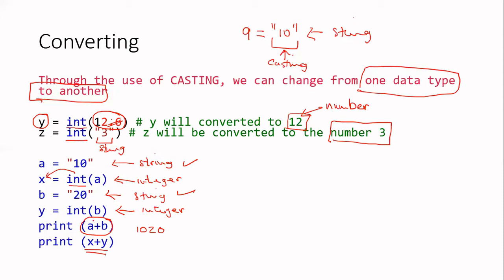And Y was a string that was converted into a number. So now when I say 10 plus 20, that will give me an answer of 30. So Python understands the data types. A and B were strings, so if you use plus on those strings, it simply joined them together. But if you use plus on numbers, it did the calculation. So keep that in mind.